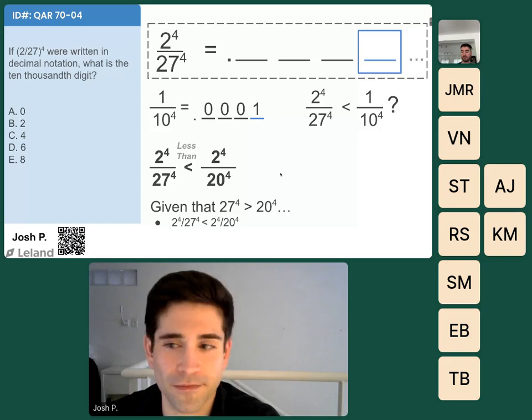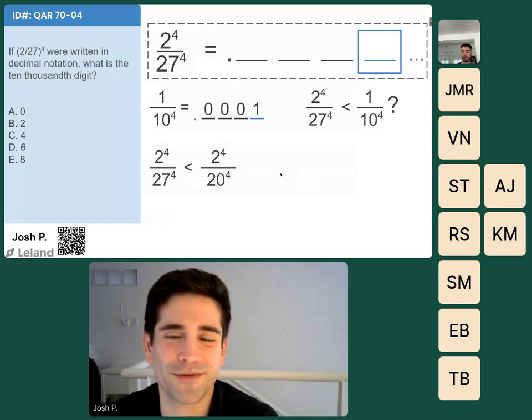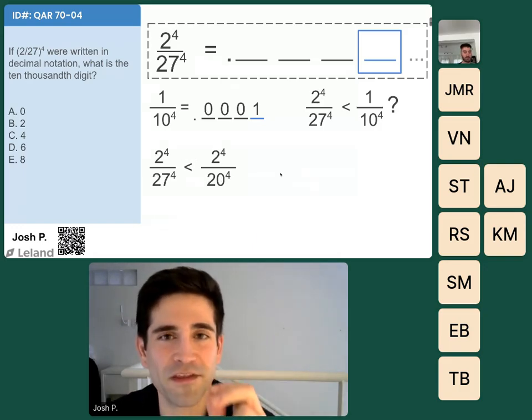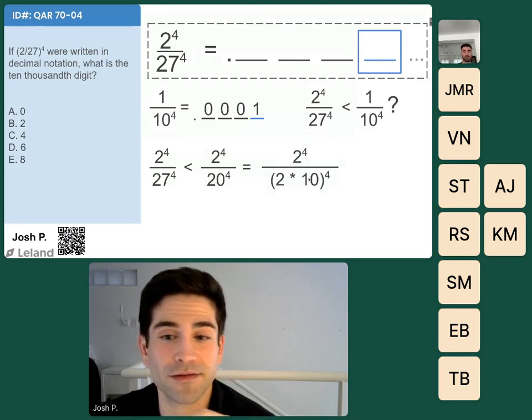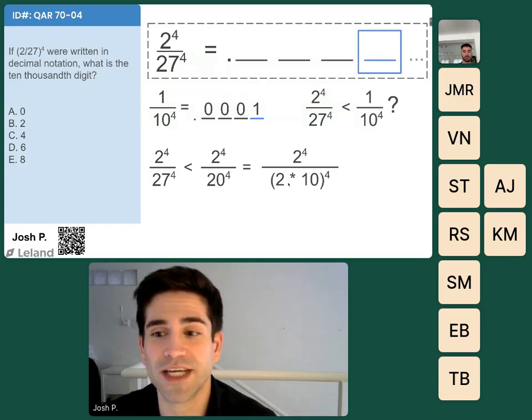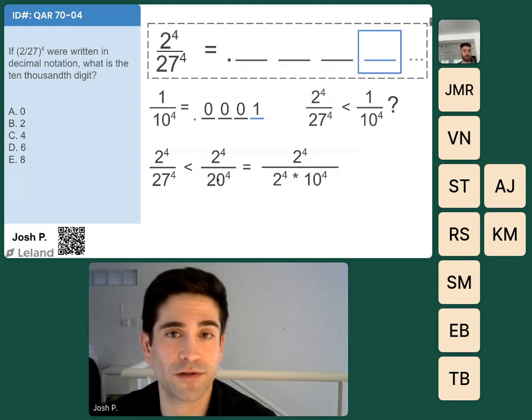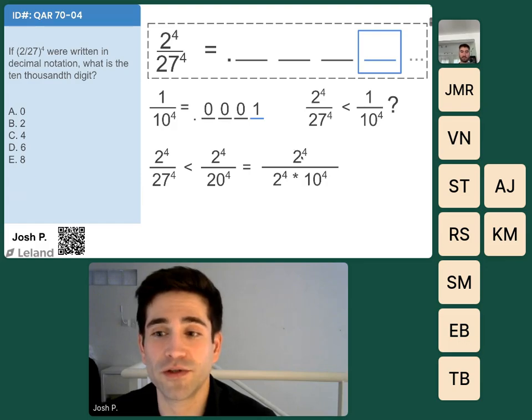Great. Now, what do we do? Well, we keep on thinking about what we do know. We know that 20^4 is equivalent to (2 times 10)^4. And I can distribute the fourth to each term, and I have 2^4 times 10^4 is equal to 20^4. And you see that we have a 2^4 on top and on bottom of this fraction.